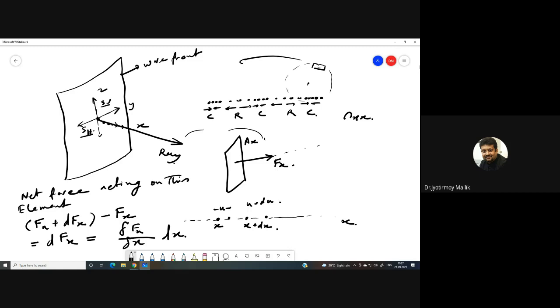So we can write Fx equals sigma xx multiplied by Ax, simply because we know force per unit area is my stress. Now, what sort of stress is sigma xx? As we know, this is normal stress.